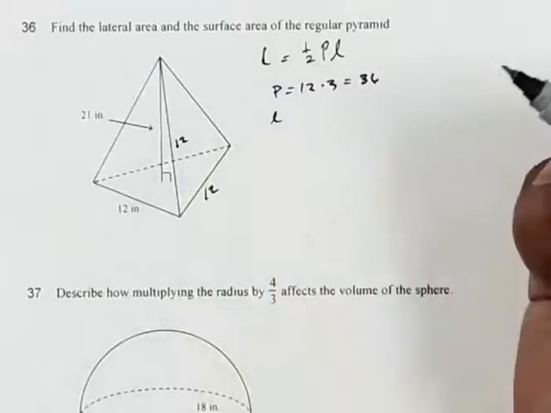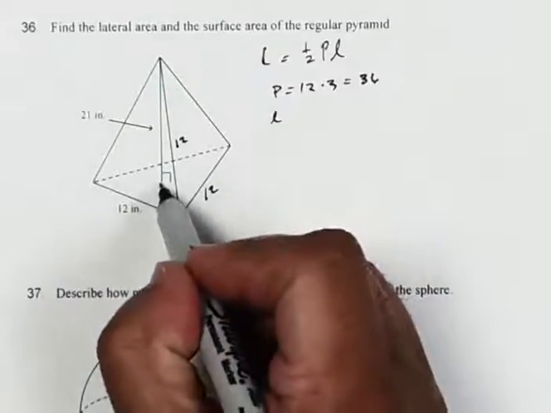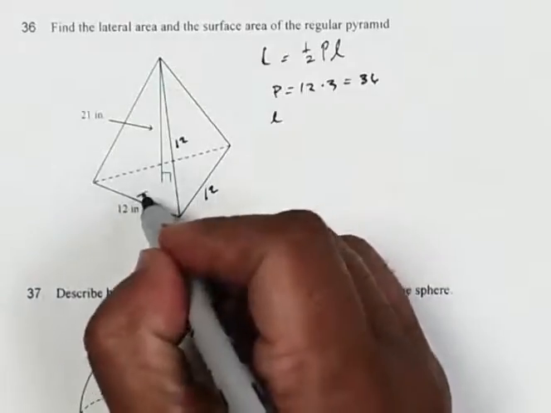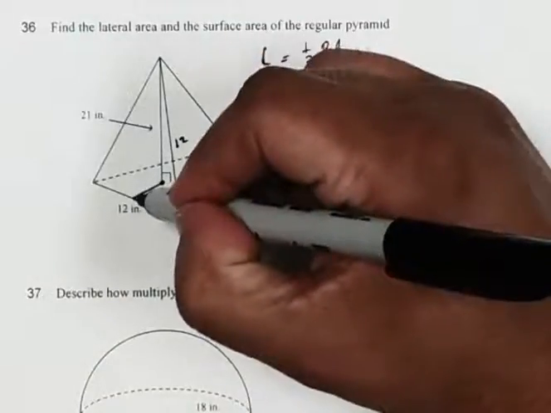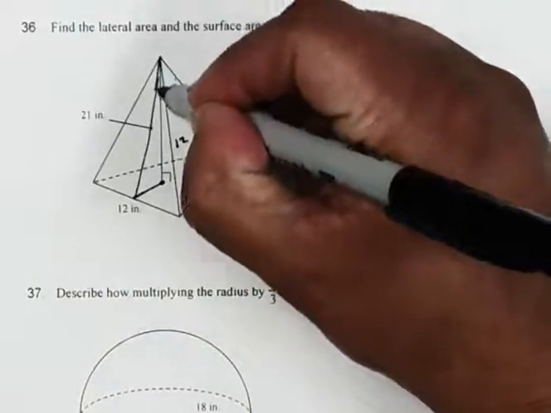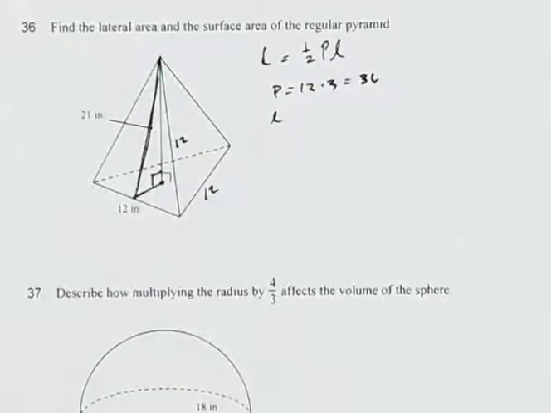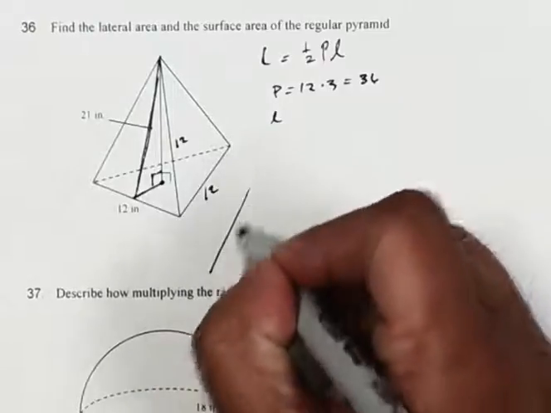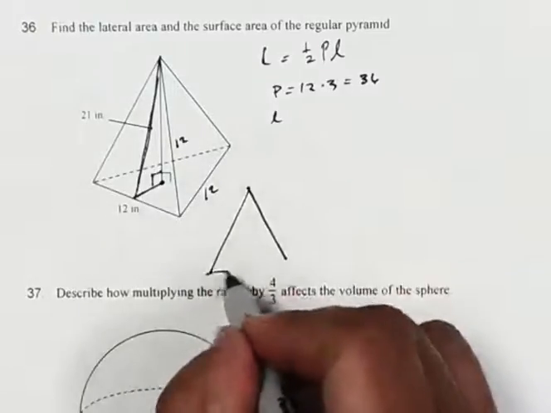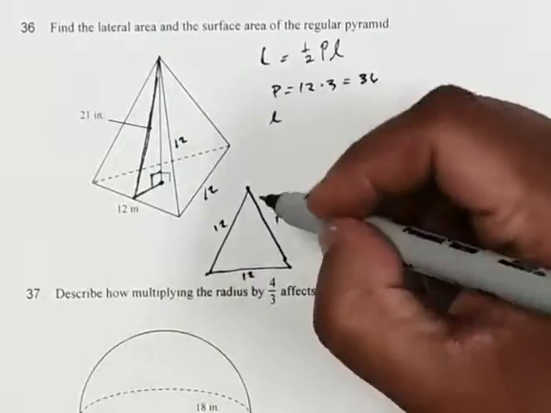Now for the slant height, that one I have to do a few things. I'm going to have to find the apothem here, and then the slant height would go here. Okay, so this would be a right triangle, so we're going to have to do a few things. If I look at the base, okay, I have my 12s all the way around.